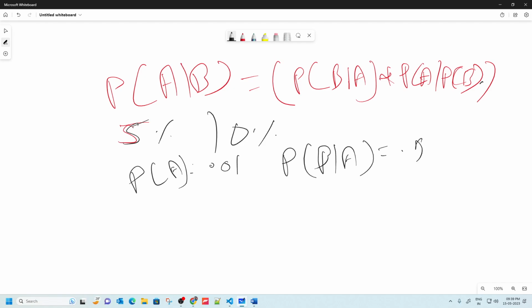Okay, why? Because there is 90% accuracy in detecting the disease. Okay, now P(B|not A) will be 0.05.